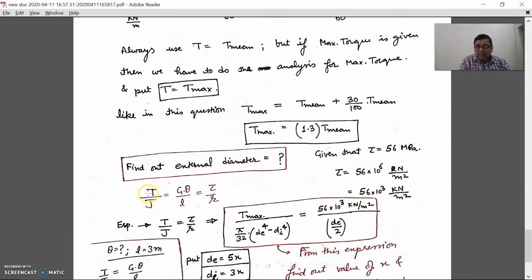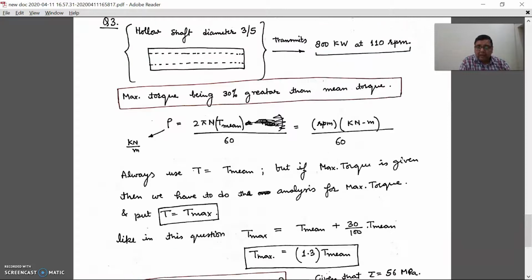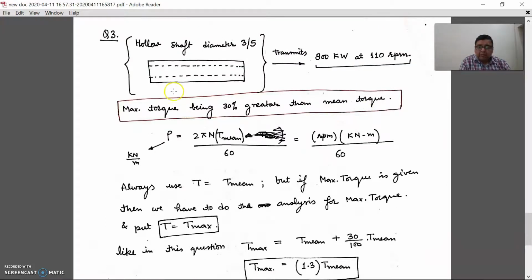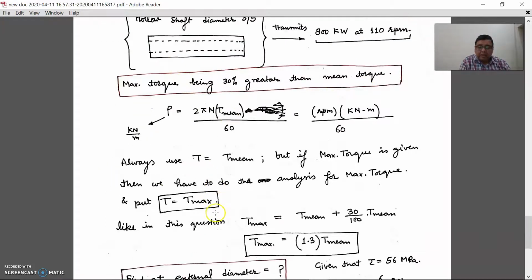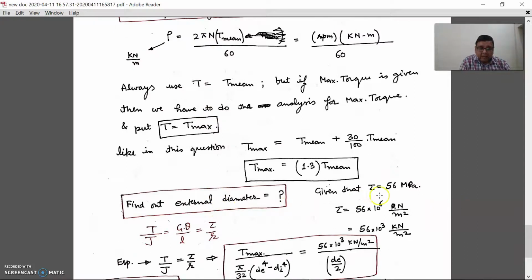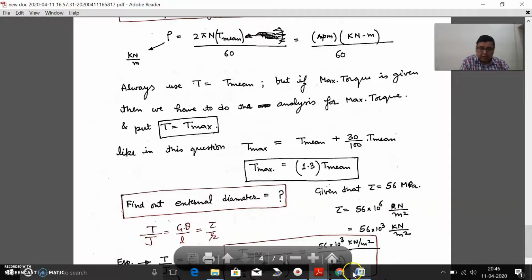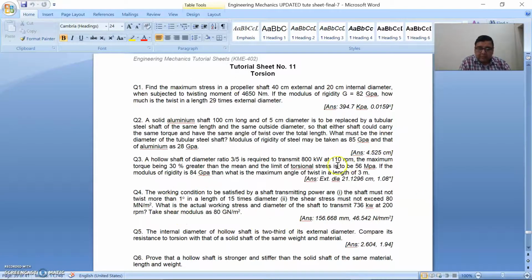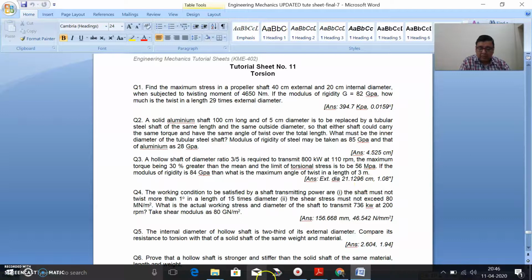This is the torsion equation, and in this it is given that tau is equal to 56 megapascal. The limit of torsional stress is 56 megapascal, so tau is given as 56, and the modulus of rigidity is 84. Then what is the angle of twist?